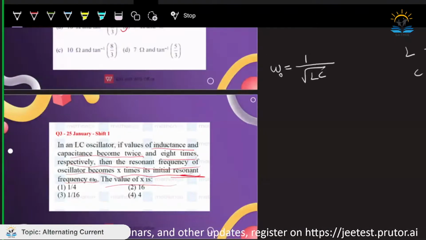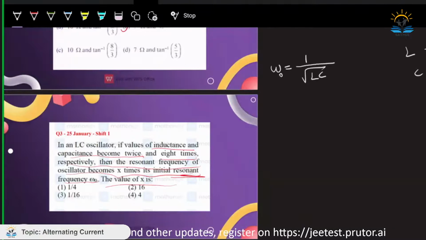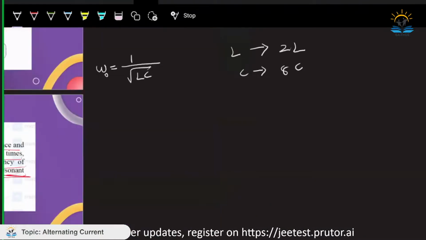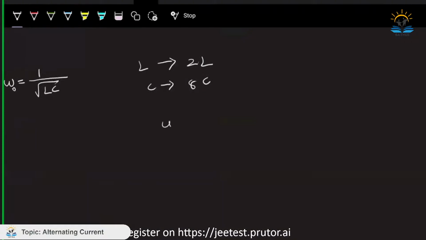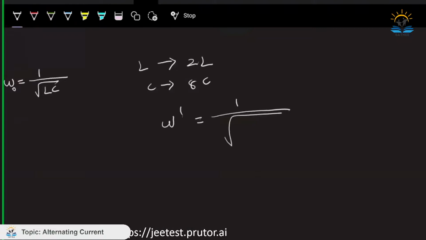Yeah, 8 times. So the new resonant frequency omega dash will be 1 by root of LC, with 2L into 8C.